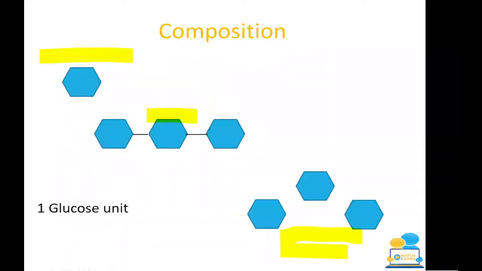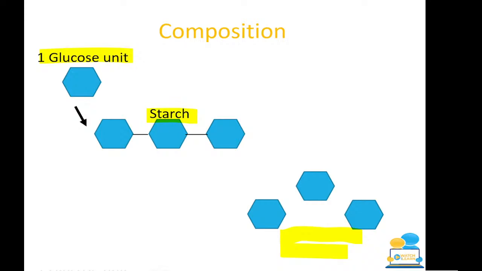Okay, so this is what I was talking about. You have one glucose unit, which is made up of your carbon, hydrogen, and oxygen bonded together, which then forms your starch, which is held together.